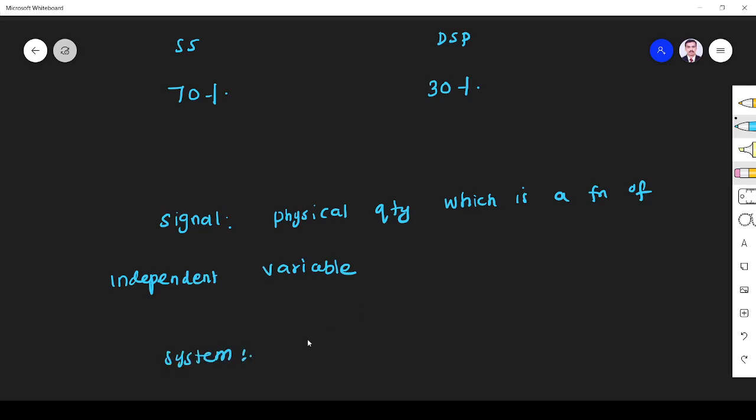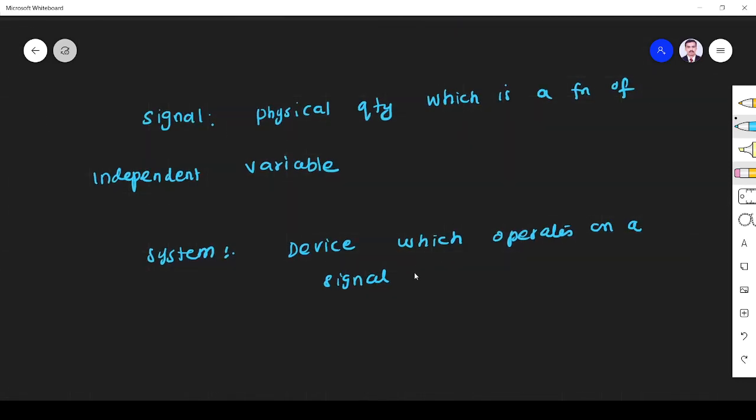The definition of a system is that it is a device which operates on a signal and produces another signal. This is the definition of a system.